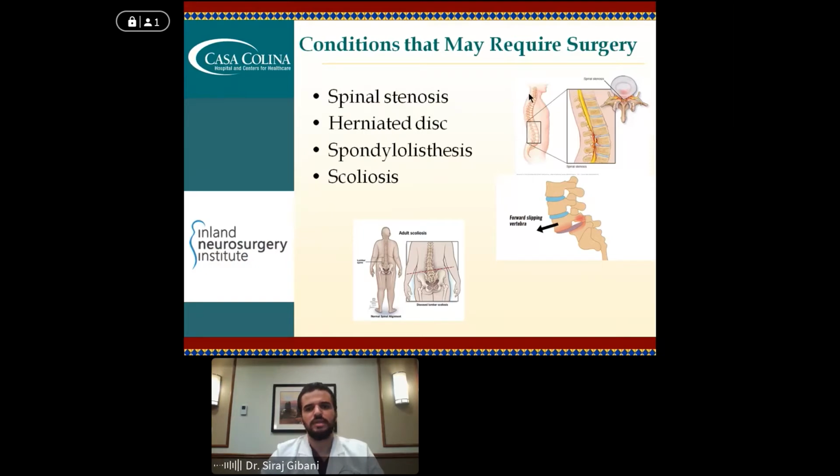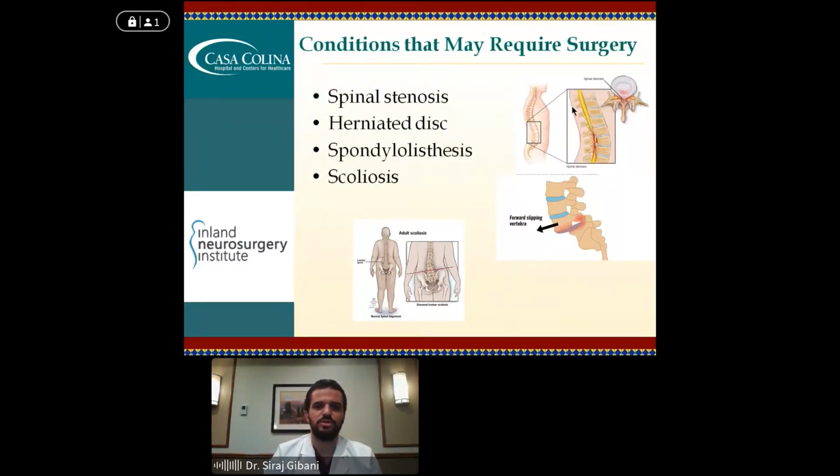Certain conditions that may require spine surgery, and terms that you may have heard, are things such as spinal stenosis. Spinal stenosis refers to narrowing of the spinal canal where the nerves and or spinal cord are being pinched. Other things are the herniated disc. The disc, which is the soft cartilaginous portion of the spine that's located in between the bones, can often weaken and as a result push back towards the nerves, and that can require surgery.